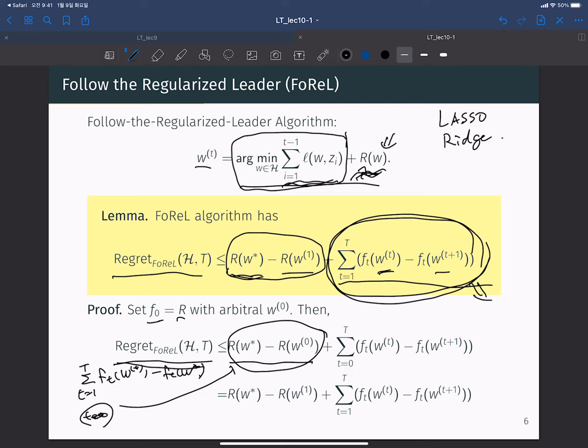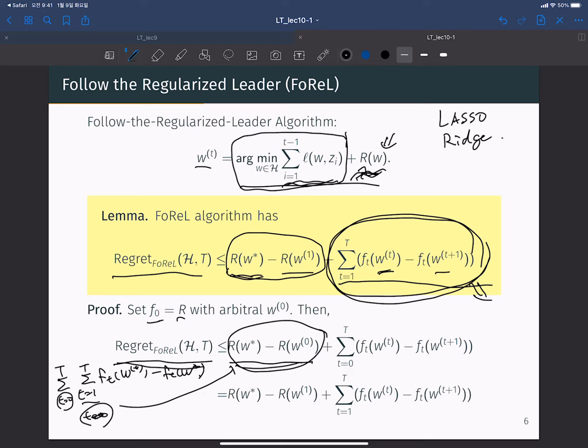To use the previous lemma, the left hand side should start from t=0 and end at capital T, but the definition of regret should start from t equal to 1. So we have to remove the t equal to 0 term from the left hand side, and we move it to the right hand side.